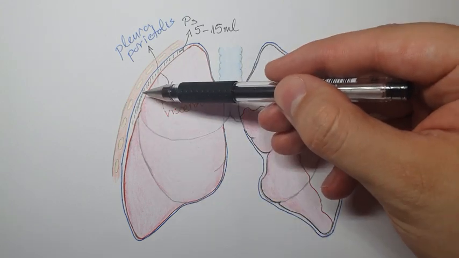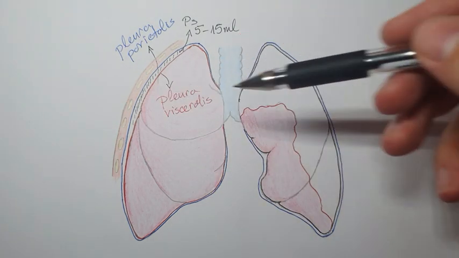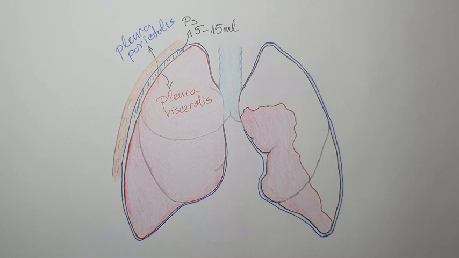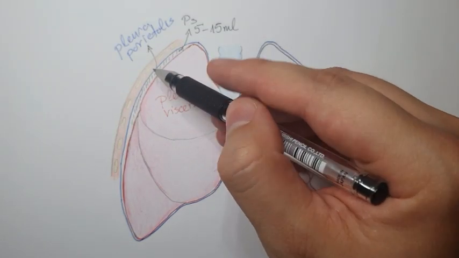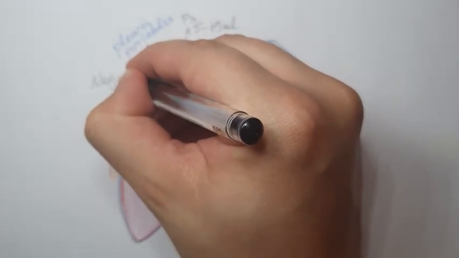If you look at it three-dimensionally, there is only about 15 milliliters of fluid squeezed in between these two linings. And the important thing here is that in this pleural space we have negative pressure.